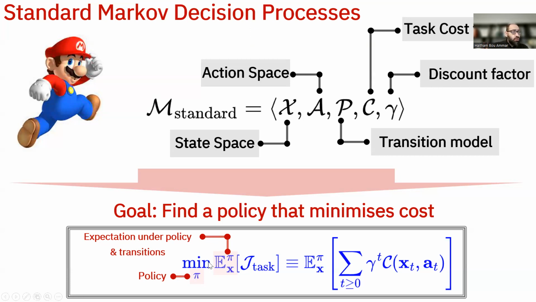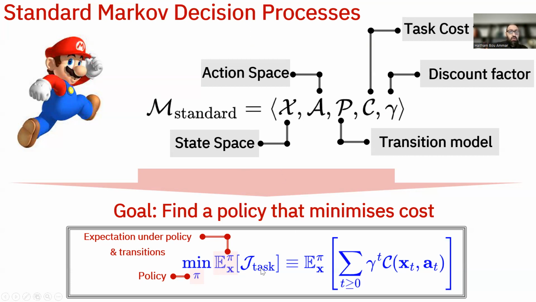So what we really want to do is, in expectation or on average over the stochasticity of the policy and the stochasticity of the transitions in the environment, find that policy, which is an action selection rule. So given a state X, it will map to an action.